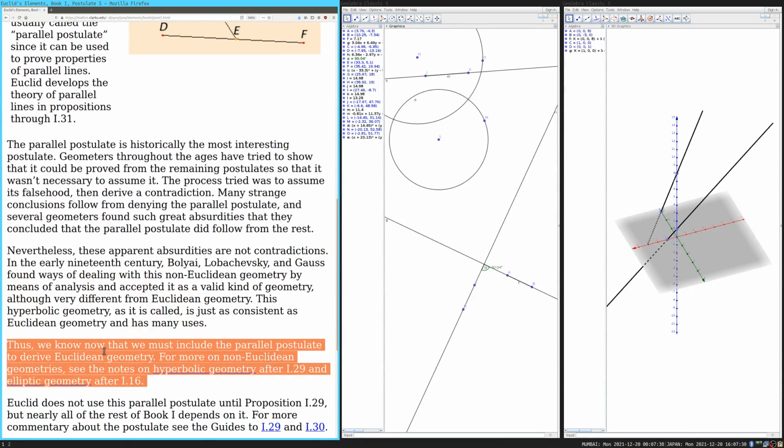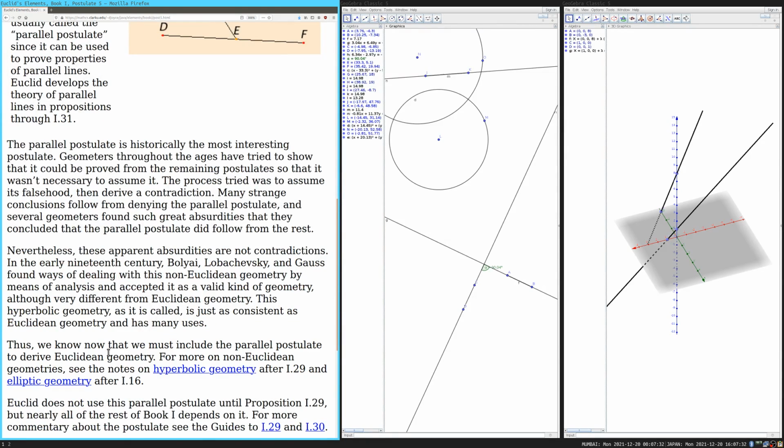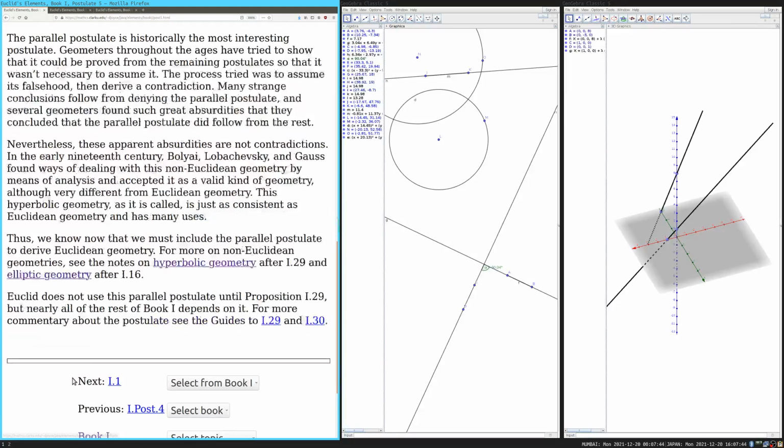Thus, we know now that we must include the parallel postulate to derive Euclidean geometry. For more on non-Euclidean geometry, see the notes on hyperbolic geometry after 1.29 and elliptic geometry after 1.16. Euclid does not use this parallel postulate until proposition 1.29, but nearly all the rest of Book 1 depends on it. For more commentary on the postulate, see guides to 1.29 and 1.30.